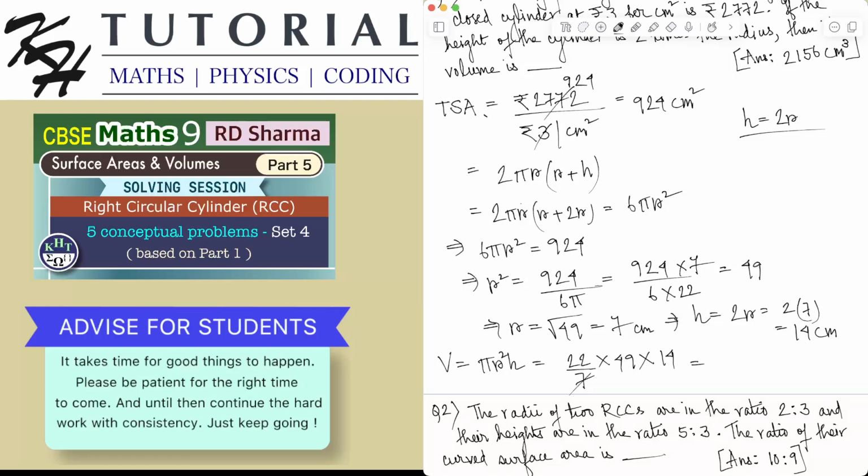So this is equal to 22 multiplied by 7 multiplied by 14, which is 2156. So 2156 centimeter cube is the volume of the closed cylinder.